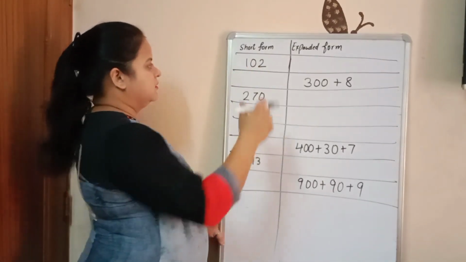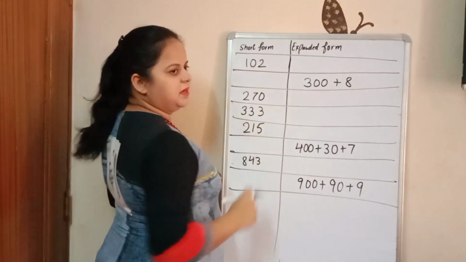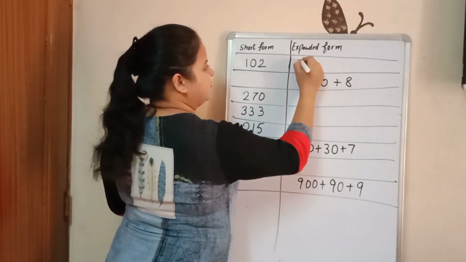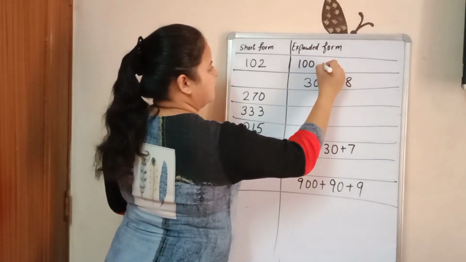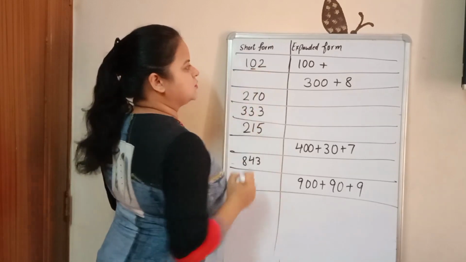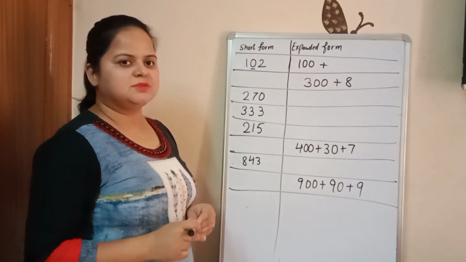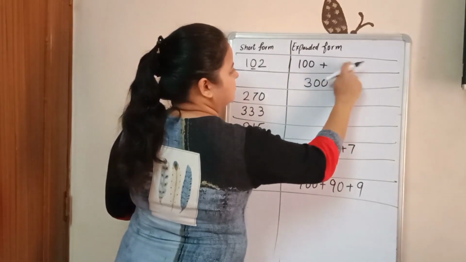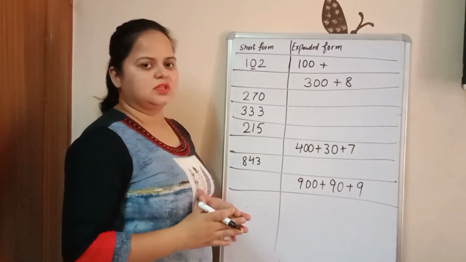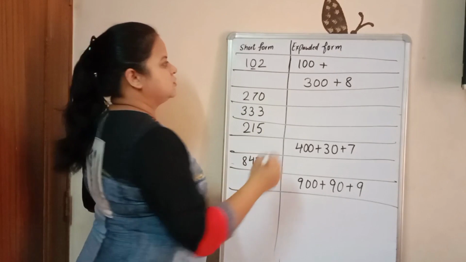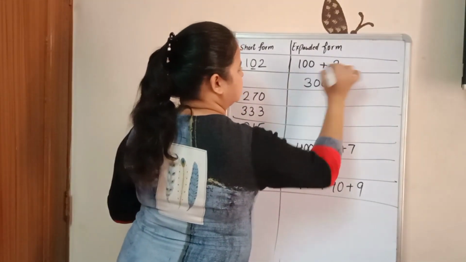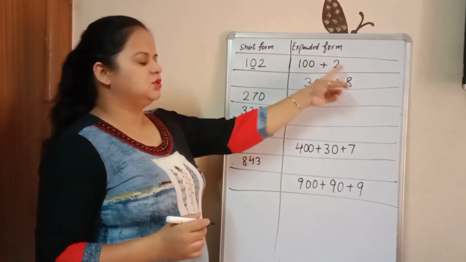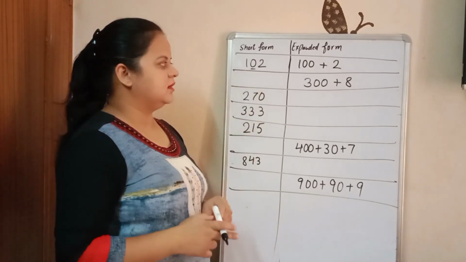102. 1 is placed on hundreds place, so we will write 100, plus 0 is placed on tens place, so we will write nothing for the tens place. Here is 2 on ones place, plus 2. 100 plus 2 is equal to 102.